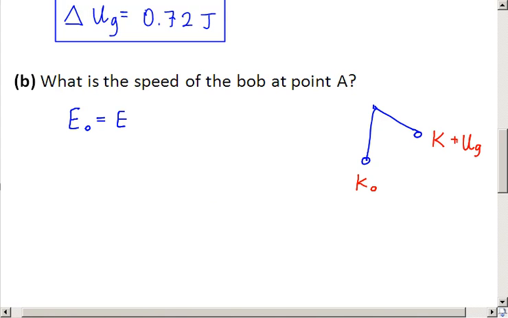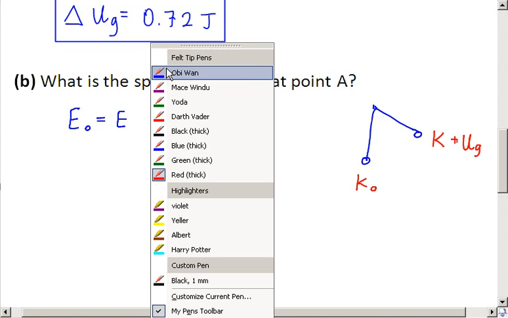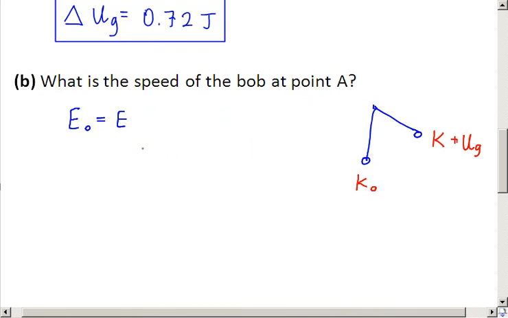All right, so now let's substitute what we know into our delta E equation, our E equals E naught equation. So we've got K naught plus U naught is equal to K plus U. Now, in part A, we found the delta U, and we can use that because isn't delta U equal to U minus U naught?